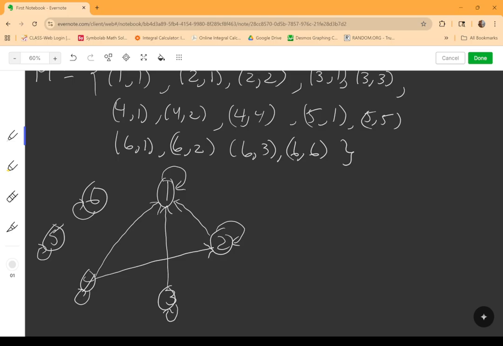And 4 is a multiple of itself, so we have that loop there. And then 5, a multiple of 1 and of itself. And then 6 here is a multiple of 1, multiple of 2, multiple of 3, and multiple of itself. So here we have a directed multigraph.